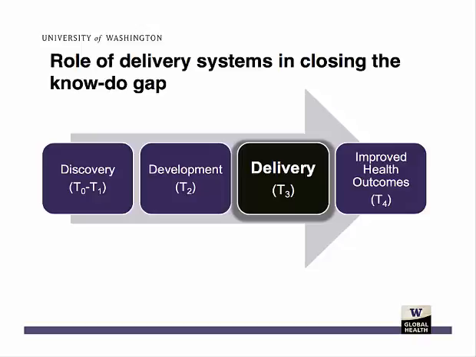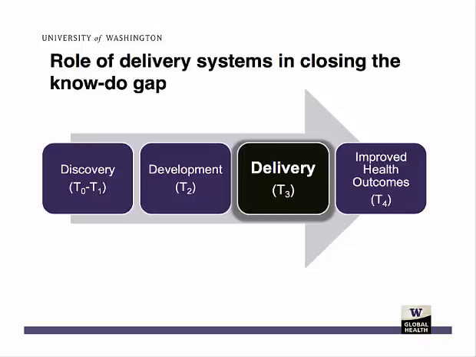Often when we talk about the translation of efficacious interventions into population-level health outcomes, we refer to them as steps of translation, or the translational highway, where we have discovery, development, delivery, and improved health outcomes. You can see for the different steps that we ask different questions.